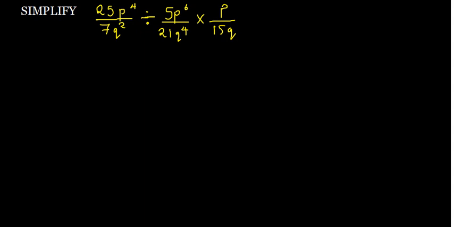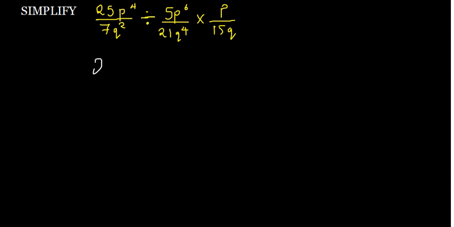We can consider also this one. Simplify 25 p to the power 4 over 7 q squared, divided by 5 p to the power 6 over 21 q to the power 4, times 5 p over 15q. So again, what you need to do using the BODMAS, I'm going to change this division into multiplication.